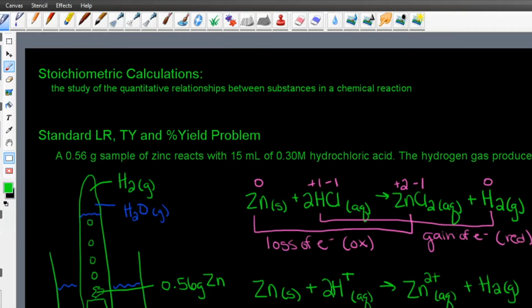So in other words, if we're talking about how much should be produced here, what we're looking for is the theoretical yield. How much product should we be able to make in this reaction?